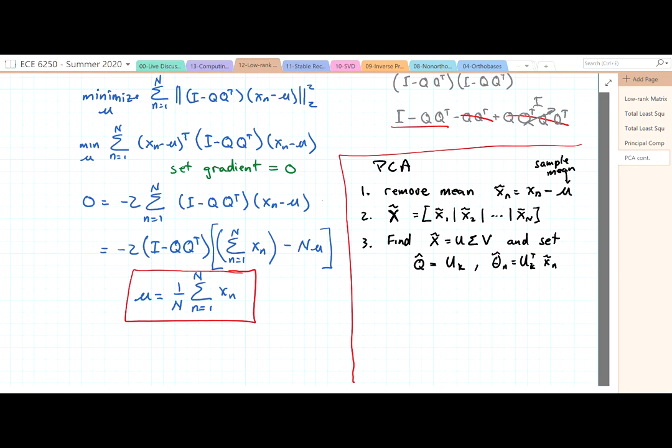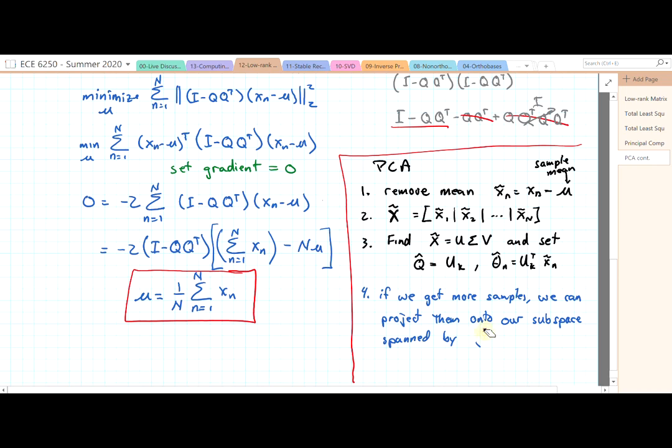Now, the nice thing about this is, if we have later samples, we can project them onto our reduced dimension subspace, spanned by Q, after, of course, subtracting out the mu if that's a necessary step.